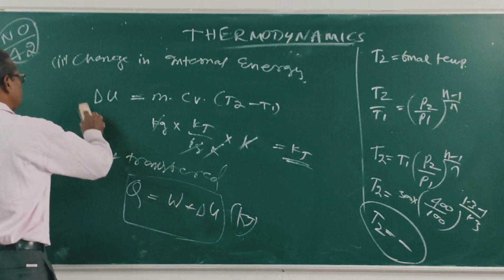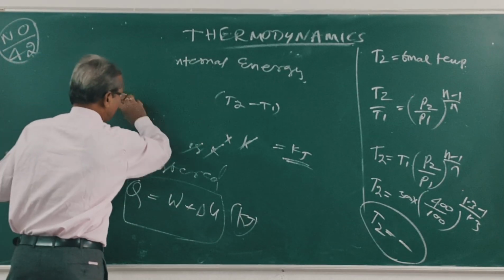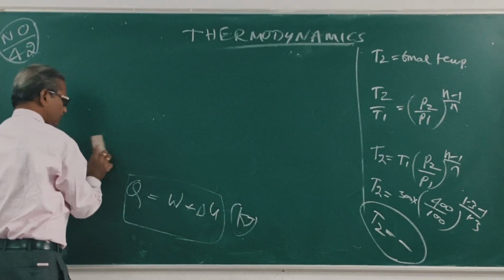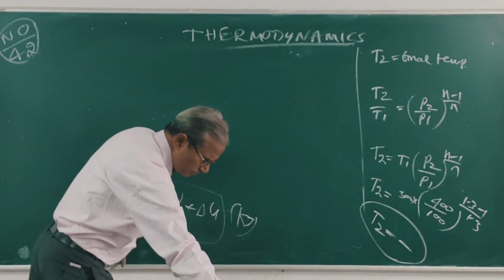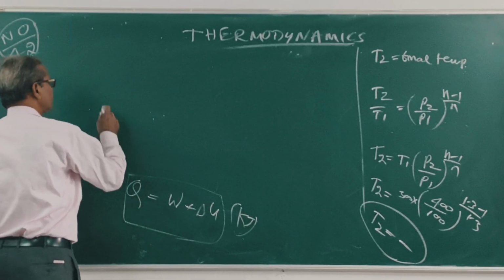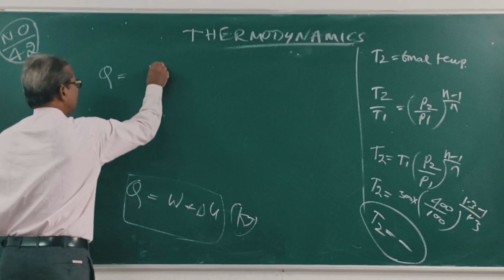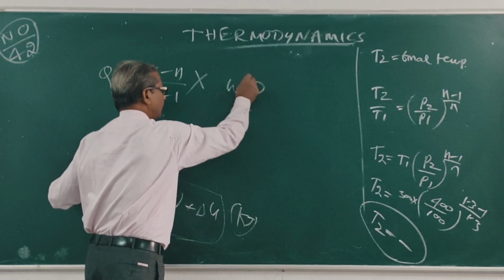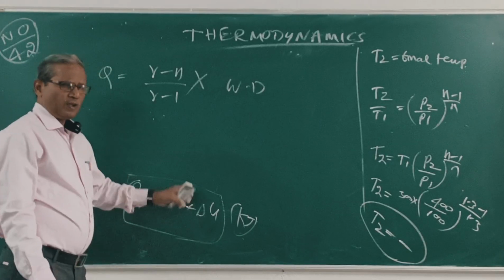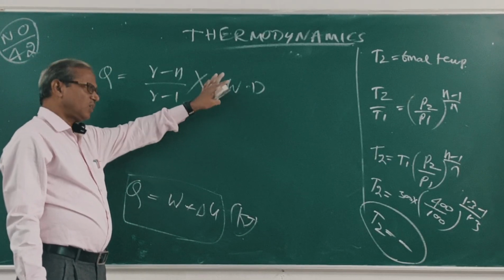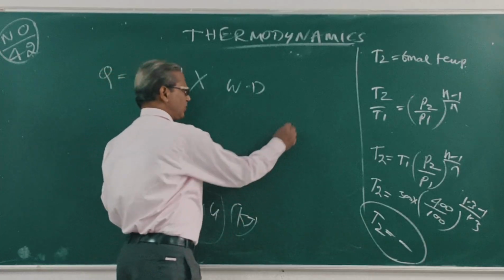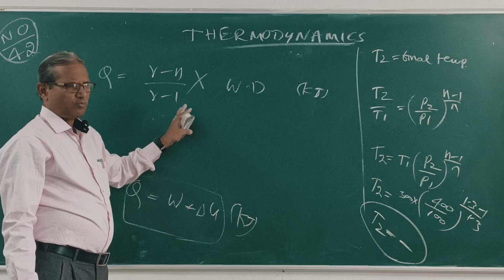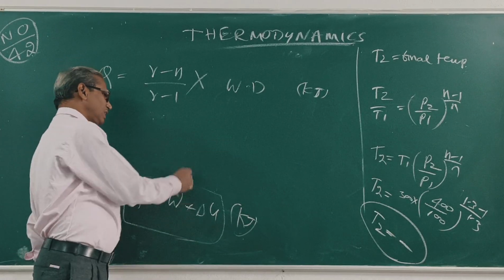Or you can also find the heat transfer by using the original formula: Q is equal to gamma minus n by gamma minus 1 into work done. Clear? Gamma minus n by gamma minus 1 has no unit, only work done is in kilojoule. So the answer is also in kilojoule. Right? Put the values, find the answer for heat transfer.